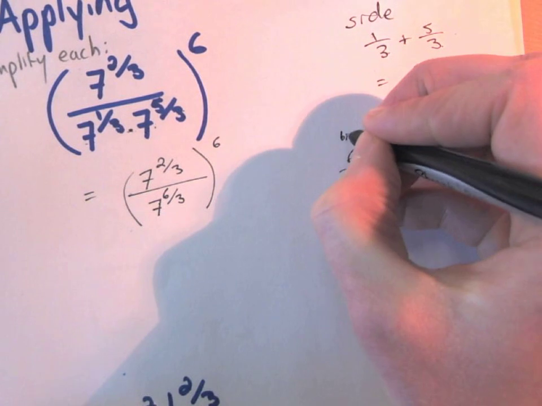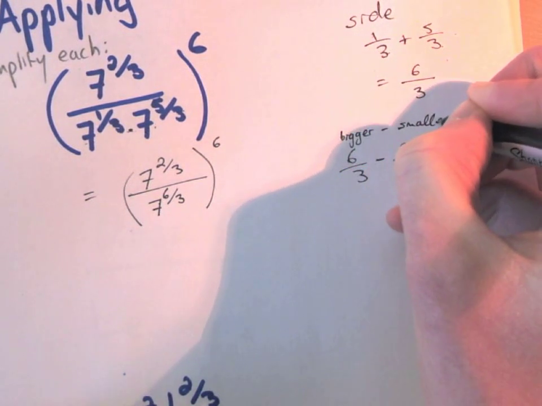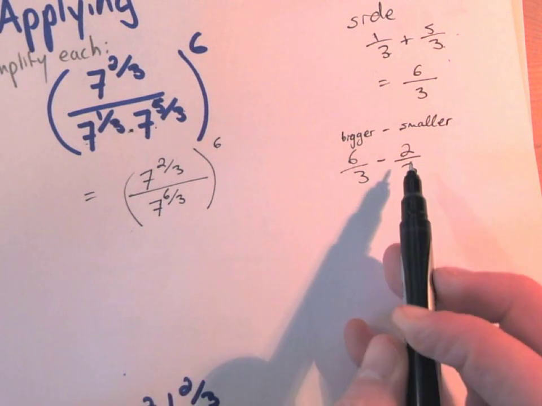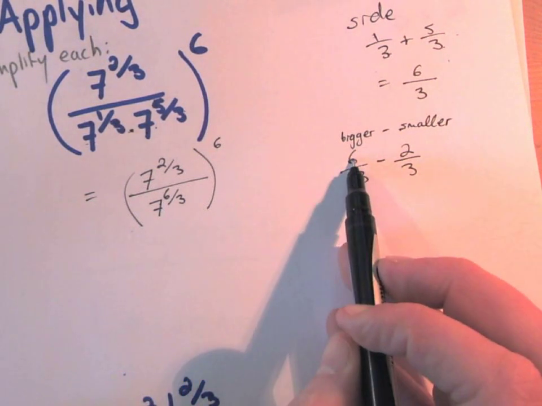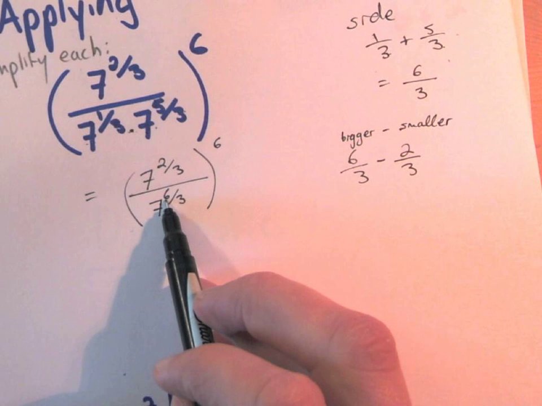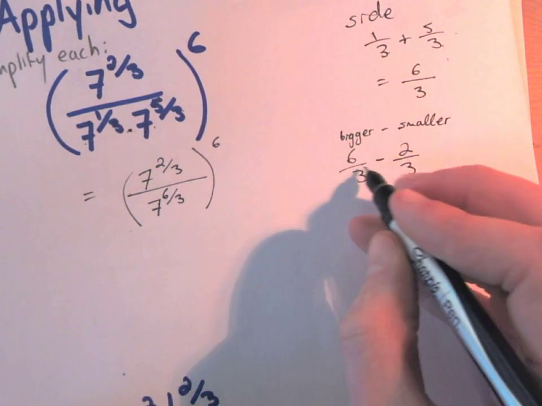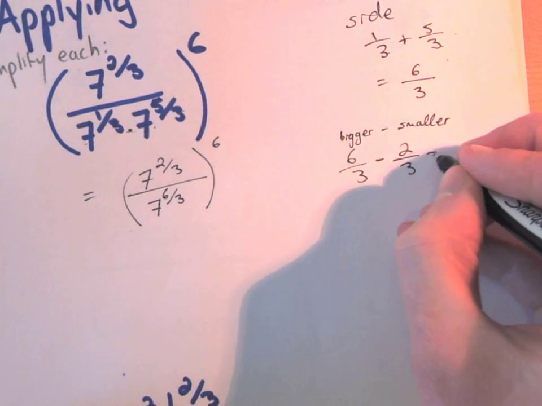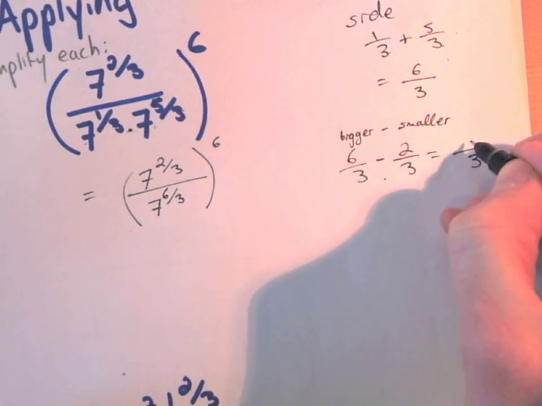I always go bigger minus the smaller one. But I just make sure my result is where the bigger number was. So our bigger number is down there, so my result's going to be down there. So 6 over 3 minus 2 over 3 is equal to, we keep the bottom the same, and 6 minus 2 is 4.